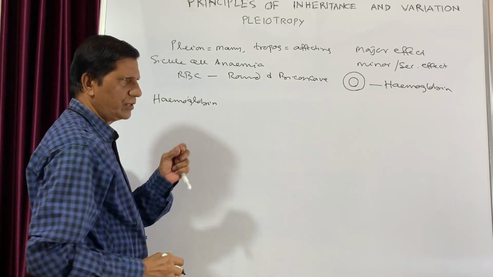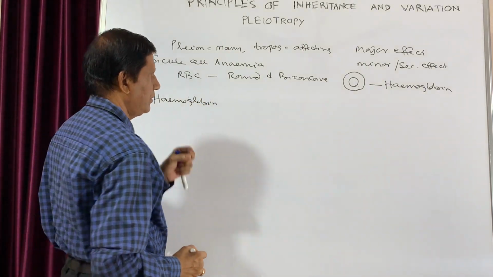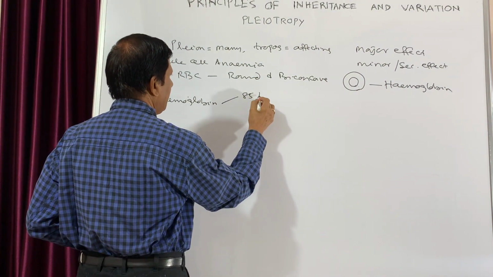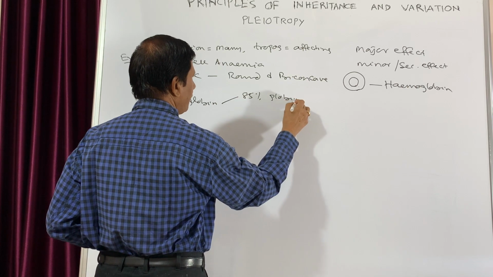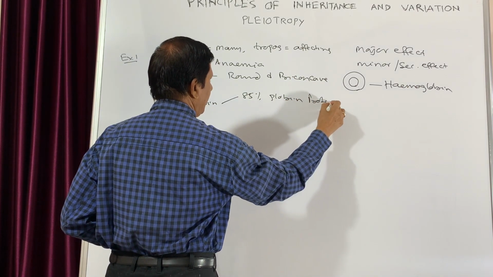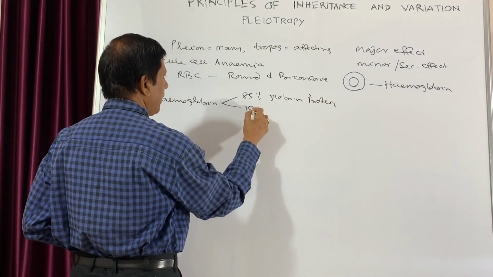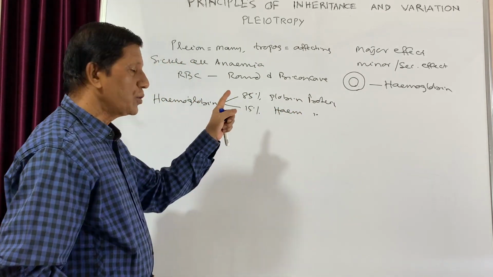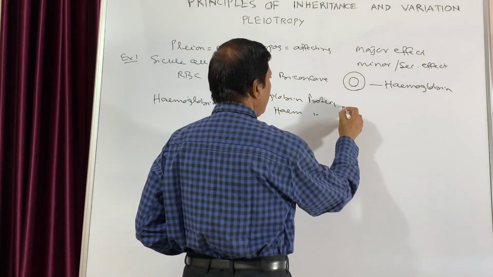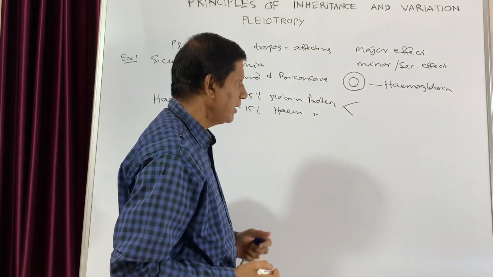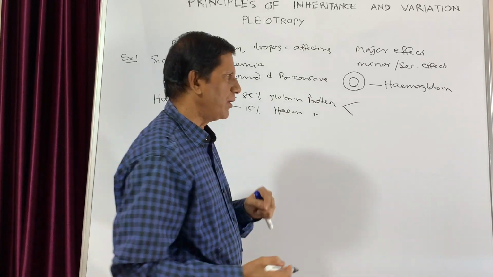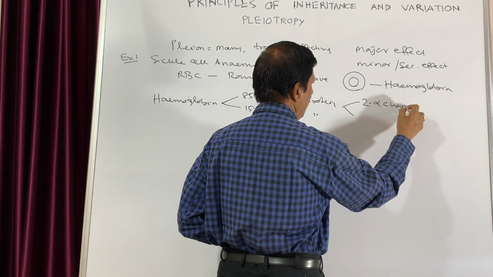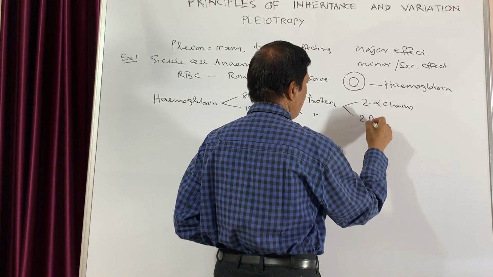Now this hemoglobin contains two types of proteins. 85% is globin protein and 15% is heme. Now this globin protein is again of different types. Usually this globin protein is a tetramer. It consists of two alpha chains and two beta chains.